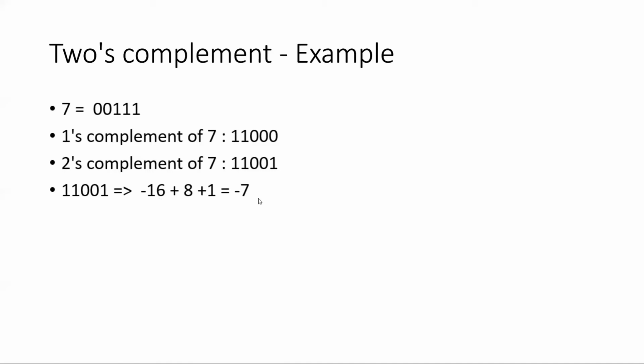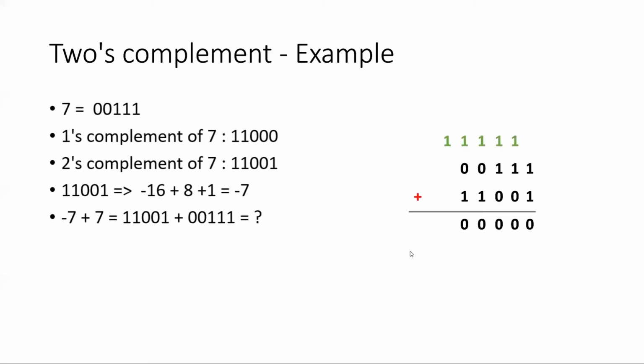Now let's see simple arithmetic. For example, we want to sum 7 and -7. What do we get? So let's do it here. So this is the representation for 7. And in the next row, we have -7. So 1 plus 1 becomes 2, which has a 0 here and a carry in the next digit.